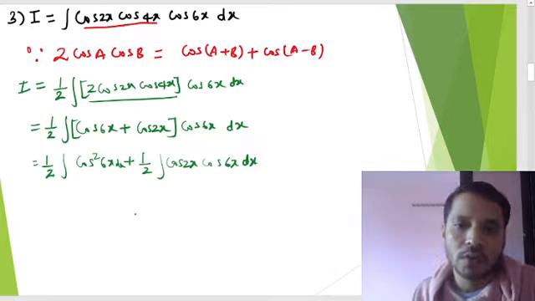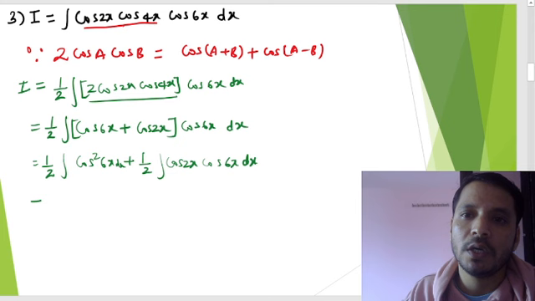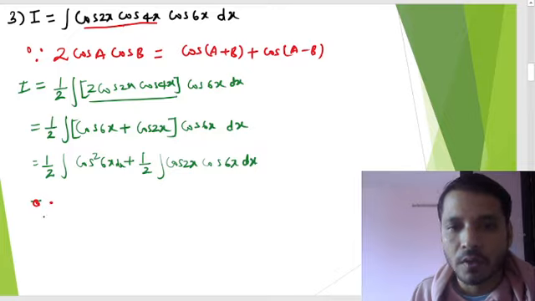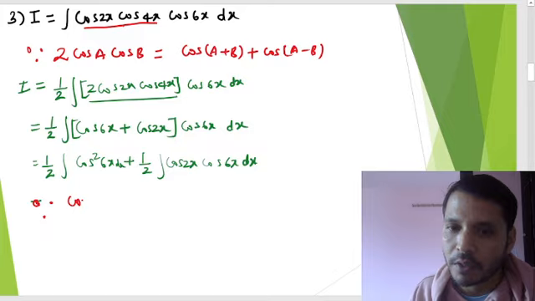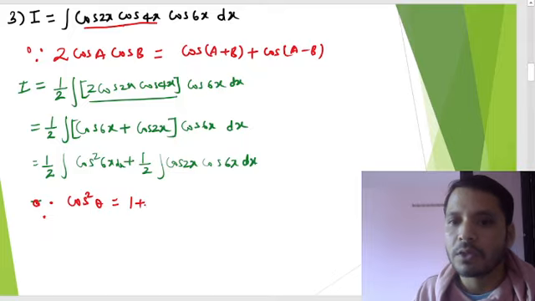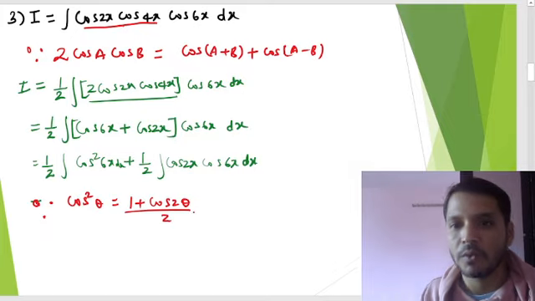Right, now here further we need to apply one more formula. What is that formula? Since we know that cos square theta is equal to 1 plus cos 2 theta, all divided by 2. Right, trigonometric formula we have to remember, then only we can proceed here.